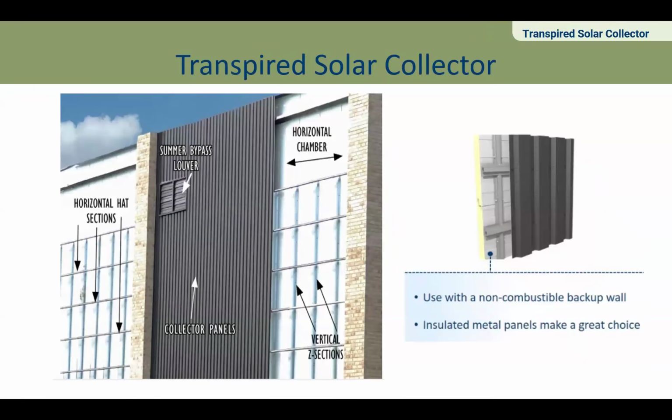Skipping ahead, here's a better graphic showing an actual installation, highlighting the summer bypass louver. You'll have a double lattice work of hat channels or Z-girts or something like that to fur the metal panels off the building envelope so that you can capture that air and that space behind it. Typically, the intake will be at the top. It doesn't have to be necessarily.